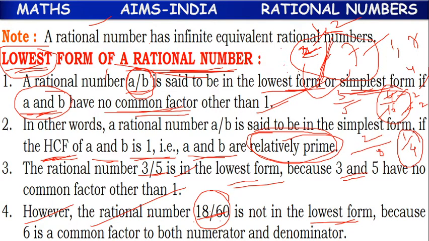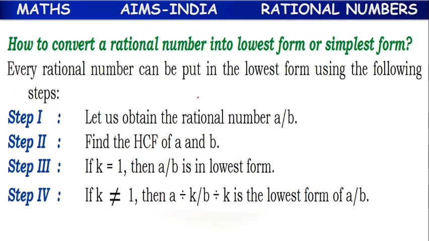Next, how to convert a rational number into lowest form or simplest form? First, let the given rational number be a by b. First we have to find their HCF.